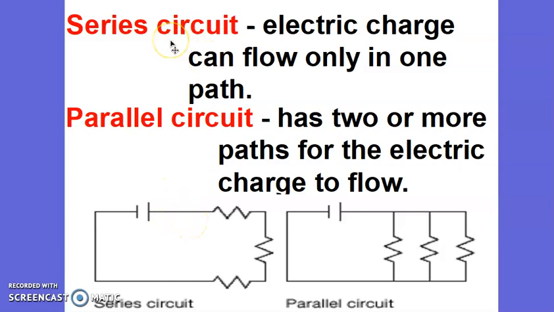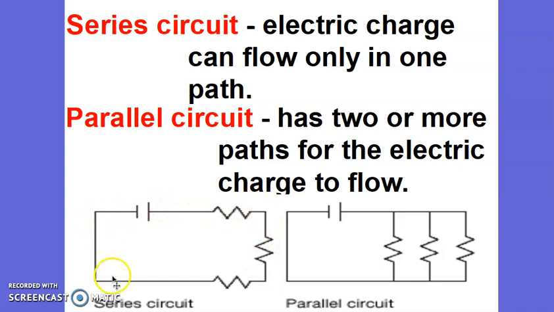In a series circuit, the electric charge can flow only in one path. As you can see here, this is a series circuit. Look, the flow of electricity in here is only one way or one path. Okay?